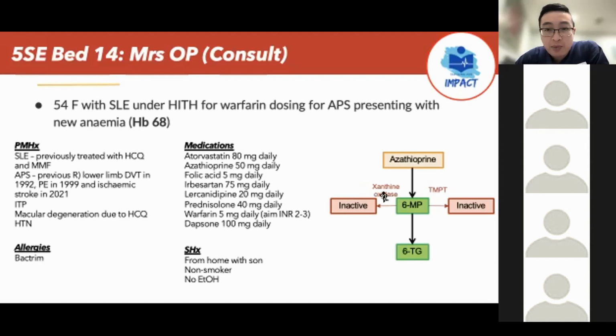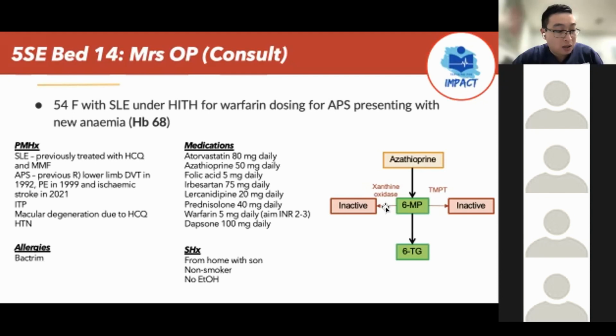And 6-mercaptopurine can then be metabolized via one of 3 different pathways. Two of those pathways inactivate 6-mercaptopurine, and one converts it to the active agent called 6-thioguanine. Xanthine oxidase is an enzyme that can convert 6-mercaptopurine into an inactive metabolite. The other enzyme that can do that is TPMT. So, two ways of inactivating 6-mercaptopurine.